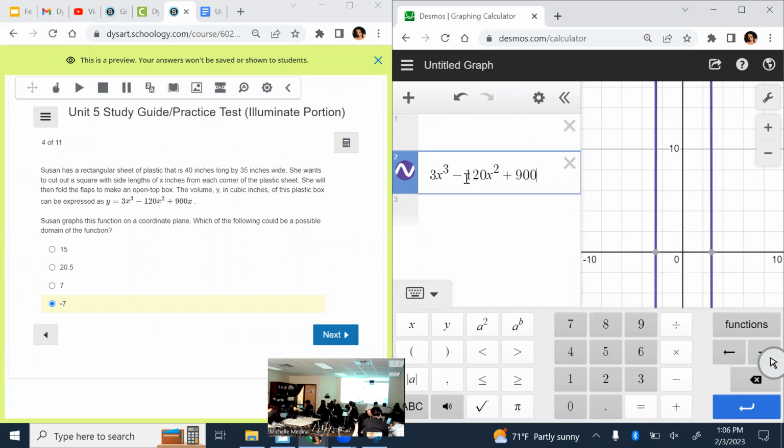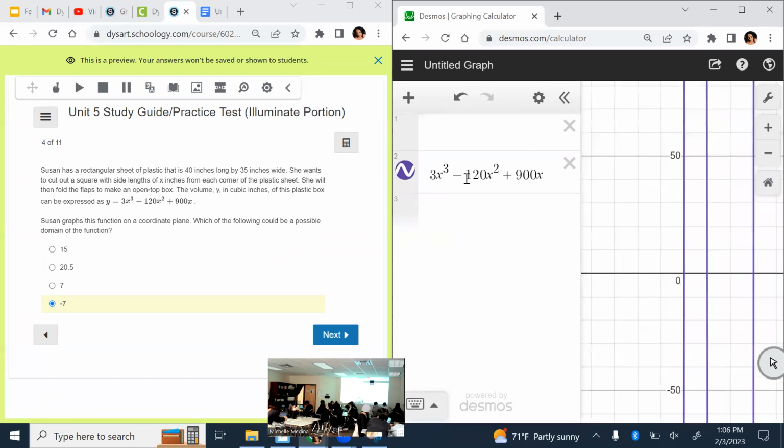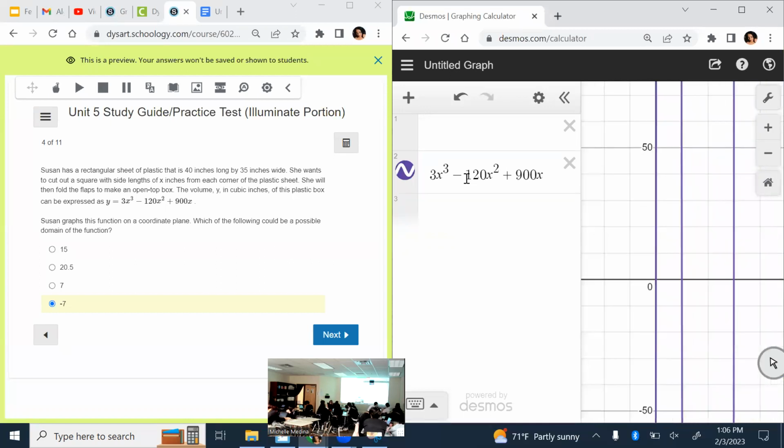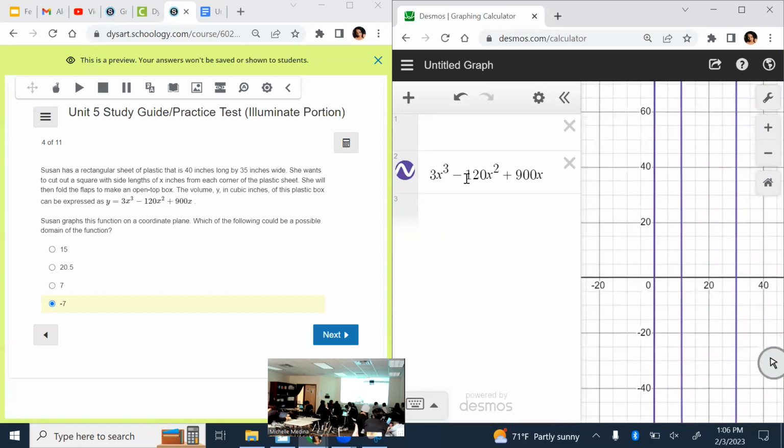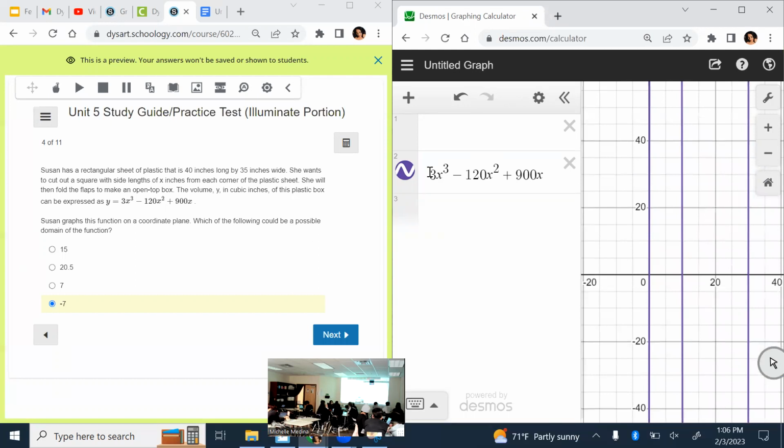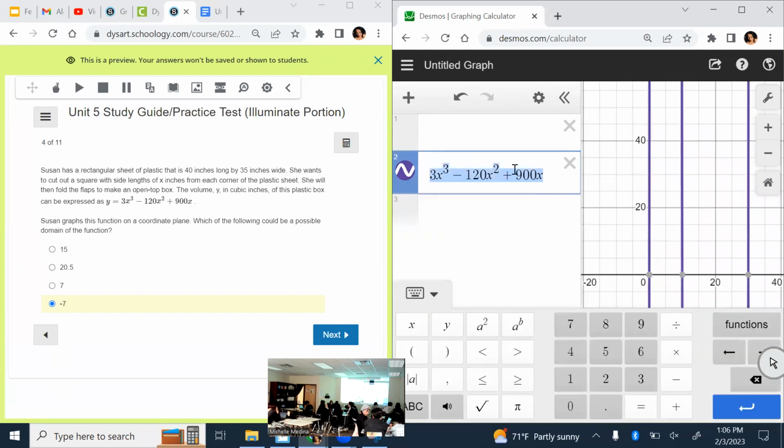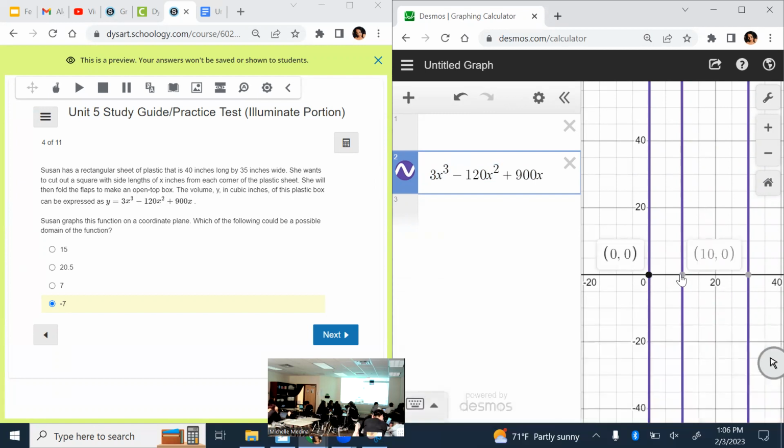All right, domain refers to all the what in a function? No clue? All the x's in a function, thank you. So what I think this is asking, so I typed my equation into Desmos, and what I think it's asking for is what we call zeros, like where it touches your x-axis.